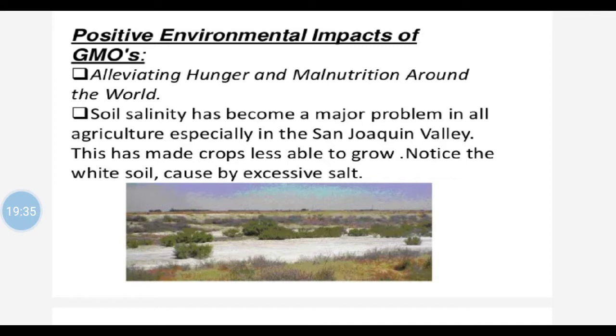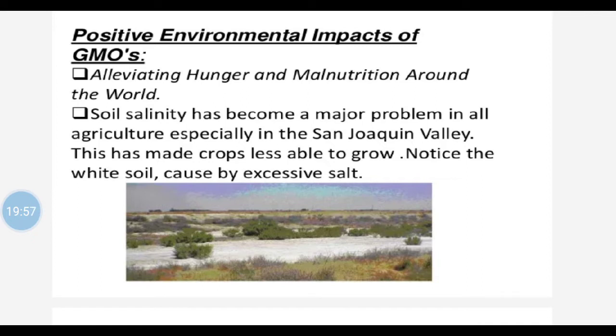Now these are also important. Why? Because in some of the countries there is a problem of soil salinity, isn't it? Now due to the soil salinity, what is happening is the growth of the crops is very less, isn't it?